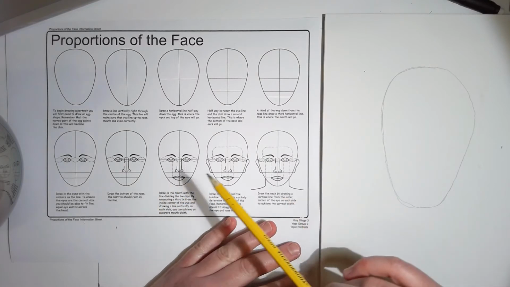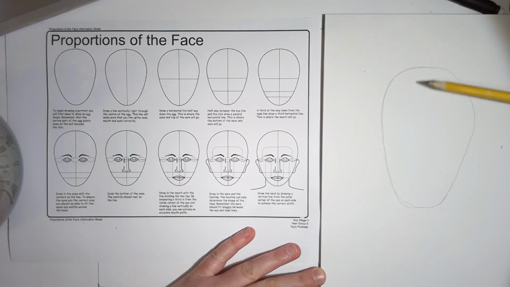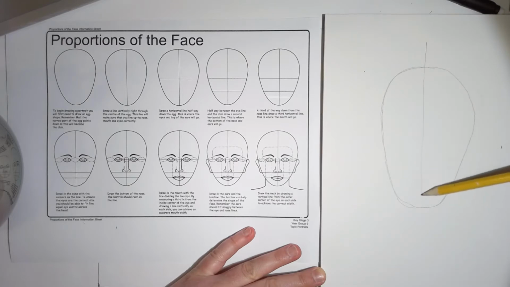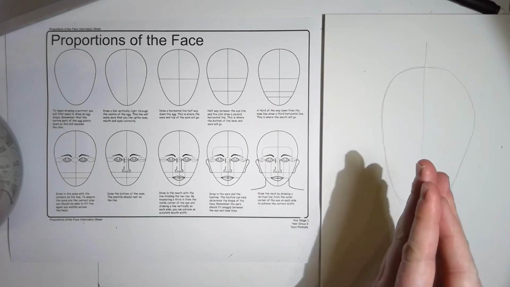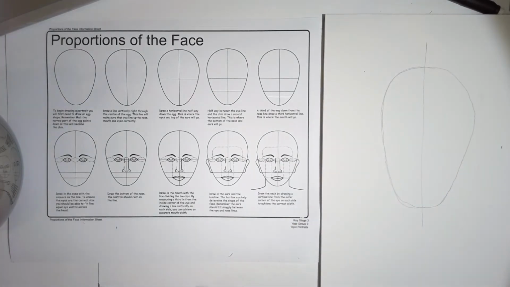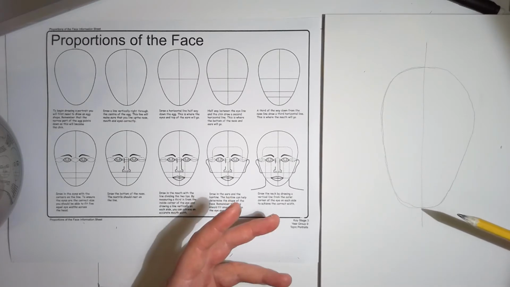So here's our face, and we know that our face is symmetrical, meaning that the left side and the right side, if you were to fold them in half, they would mirror each other. So that's part easy. We already knew that. The next thing is, where do we put the eyes and the nose and the mouth?